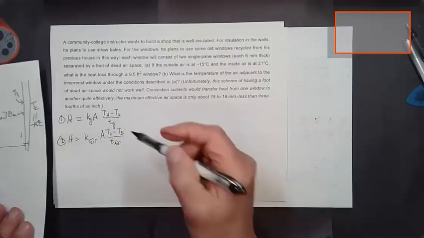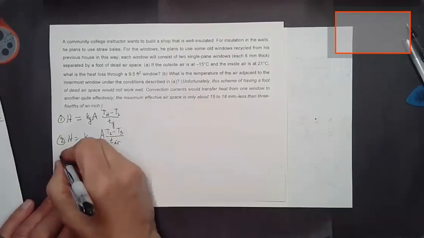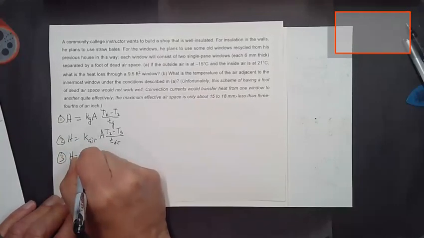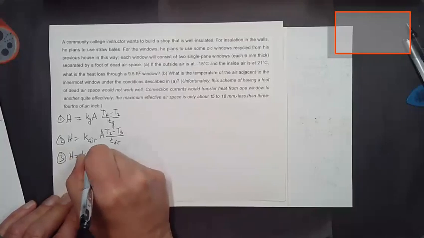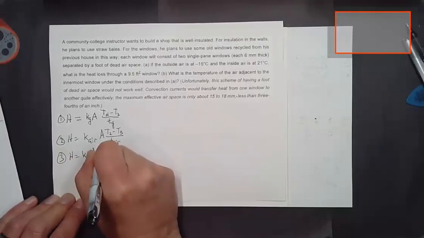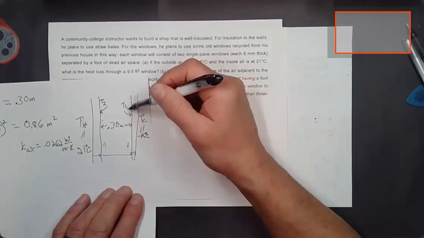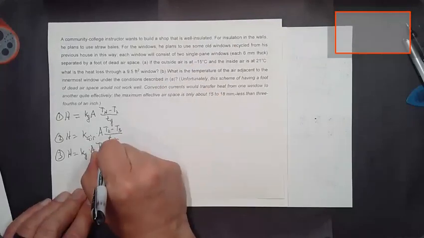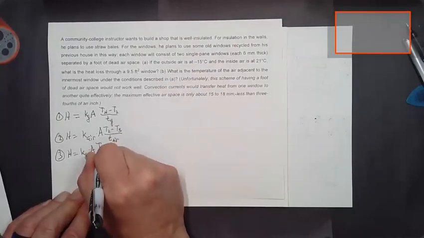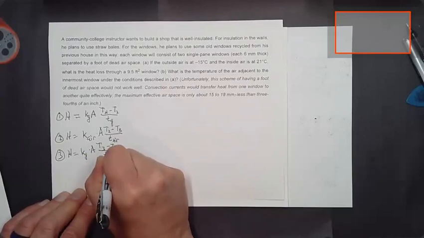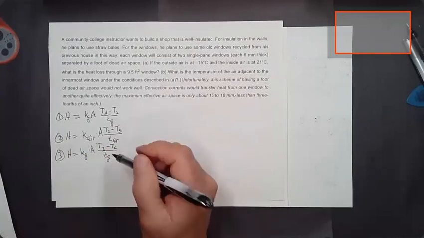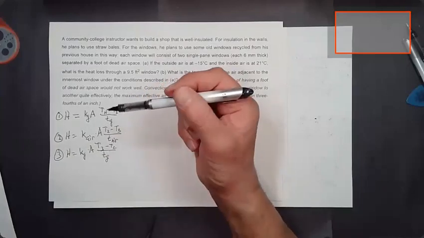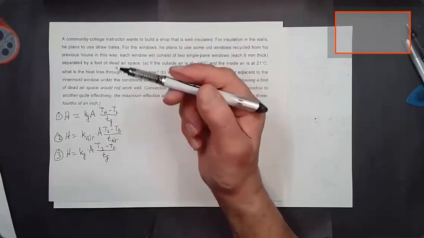And so that's our second equation. And then the third one, I have the same H. It's going to be the glass again. K sub G times A times the temperature difference. This time the warm side is T3, the cold side is TC, and that's over the thickness of the glass again, and it's an identical piece of glass to the one up here. So I'll be able to take advantage of that to simplify a little bit of the algebra.